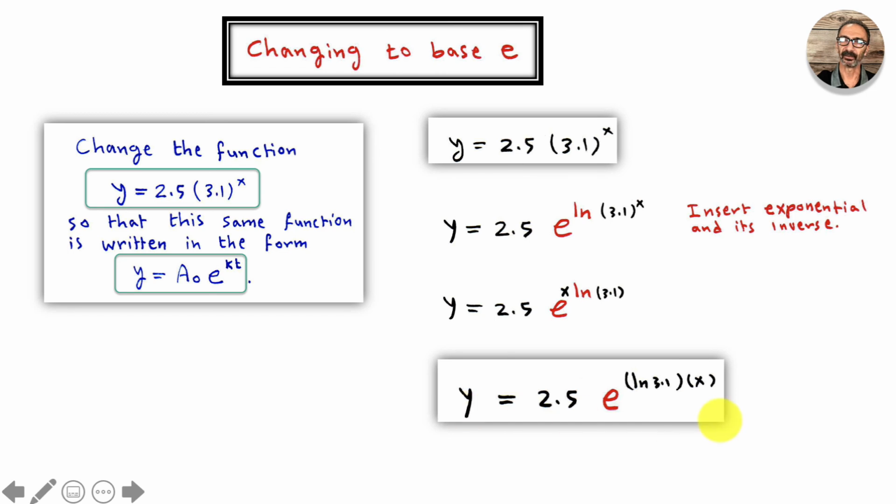And we're done. y equals 2.5 e to the power kx or kt. That's what we have. We started with this format. We ended up with this format with base e instead of base 3.1. And the key is right there. That's how we should do it.